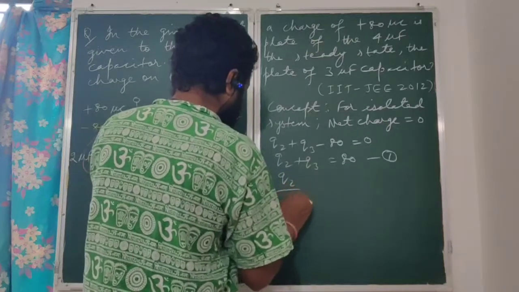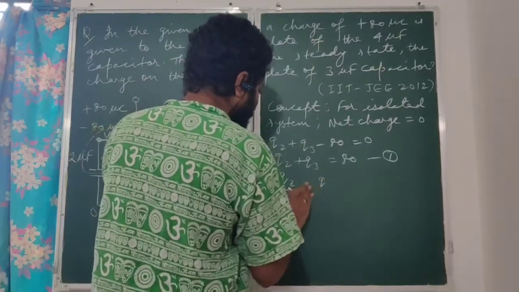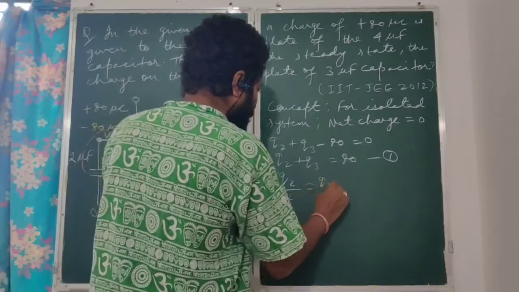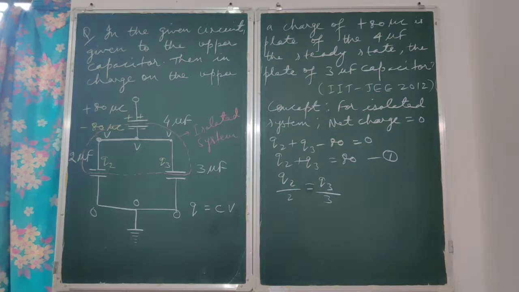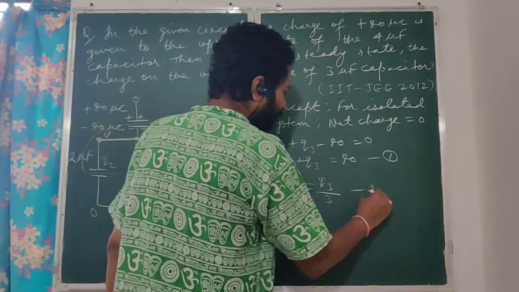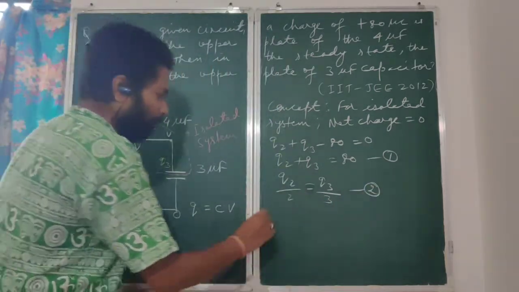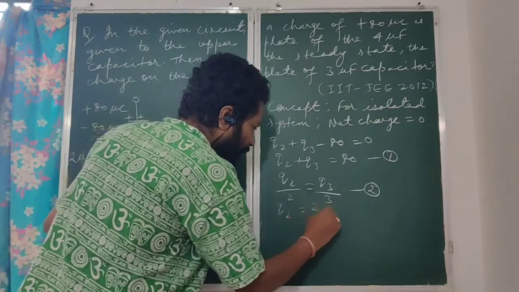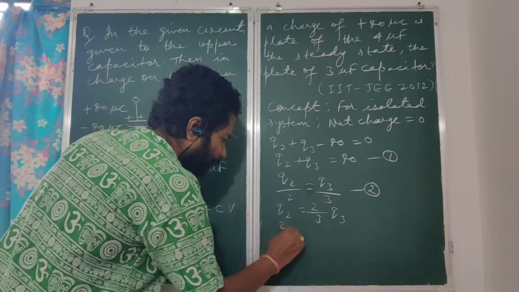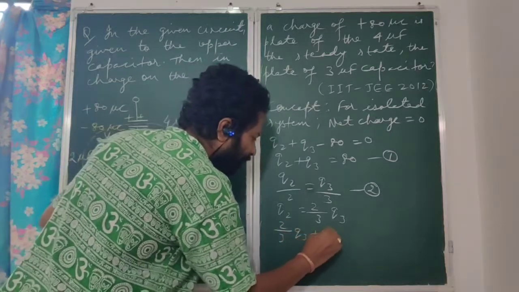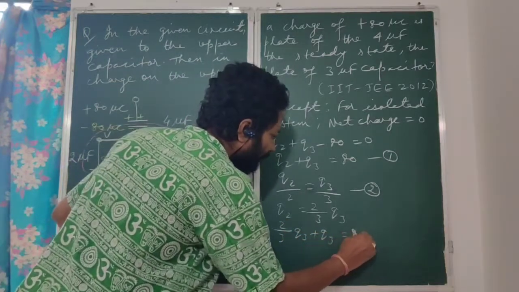Q2 by 2 should be equal to Q3 by 3. If we equate the potential, this will be our second equation. So Q2 will be equal to 2 by 3 times Q3. Put it in the first equation. So 2 by 3 times Q3 plus Q3 is equal to 80.